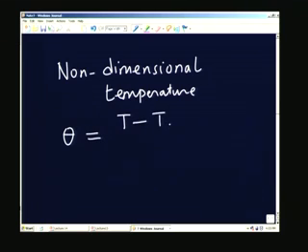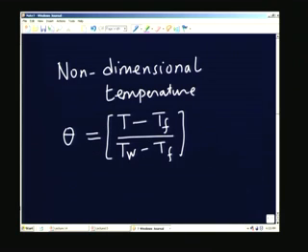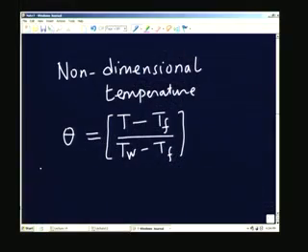We can define it in various ways. One of them is theta equal to T minus Tf divided by Tw minus Tf. That means that the value of this theta is equal to 1 at the place where the well is attached to the tube, and it is equal to 0 as far as the fluid is concerned. This varies between 1 and 0.